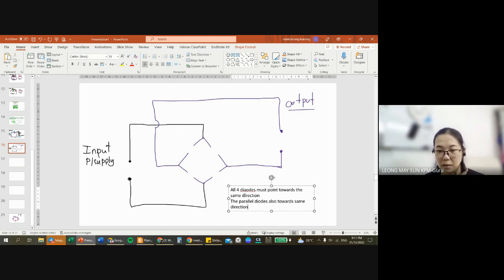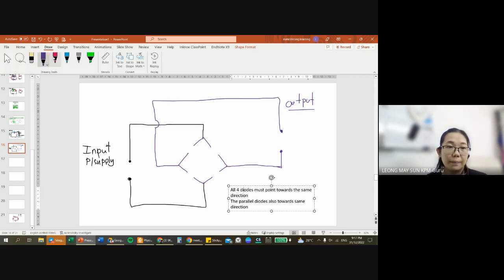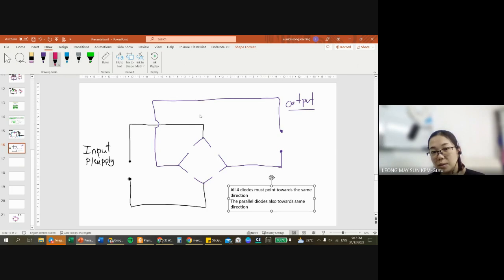So what does it mean? Okay, it means that if you're going to draw it pointing towards the right-hand side, this direction, then all 4 of the diodes must look as though either diagonally towards the right. Okay, so example, if I'm going to show that all points towards the right, I'm going to draw the diodes like this.